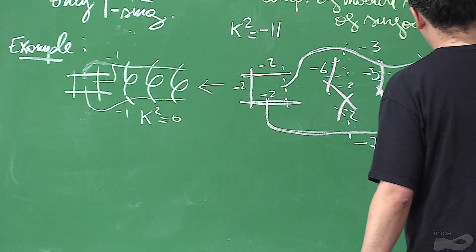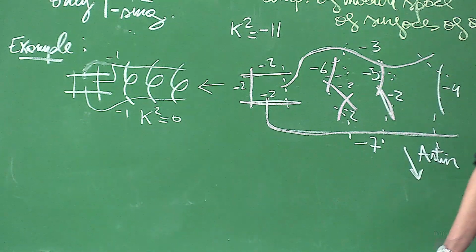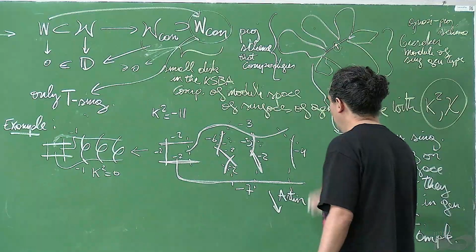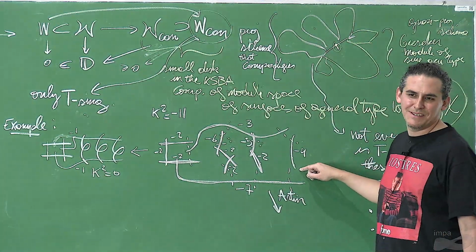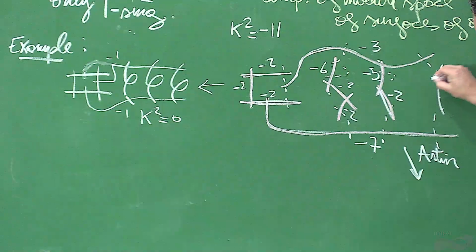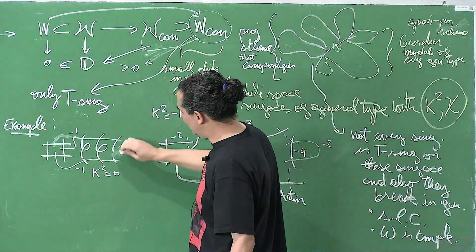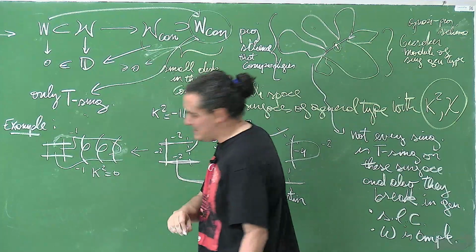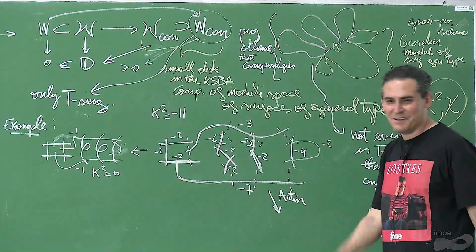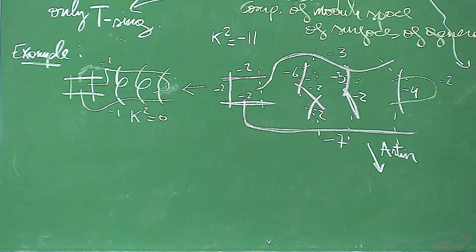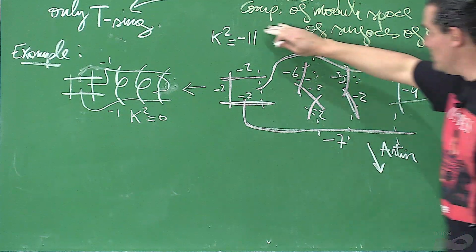Yeah, sorry. This is not -4 because I did 2 blow-ups. So here there is a -2 curve. So this is not a nodal here. So it's something like this. Okay, now it's -4. So I didn't do that blow-up. So this is minus 10.